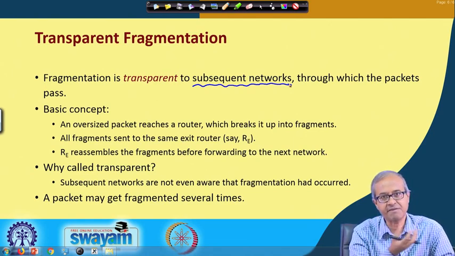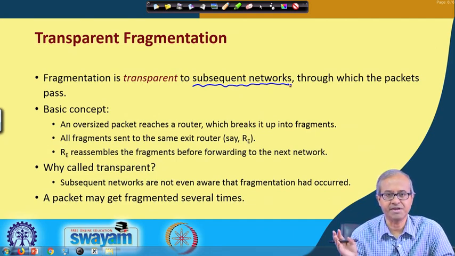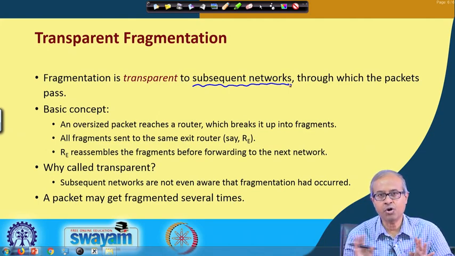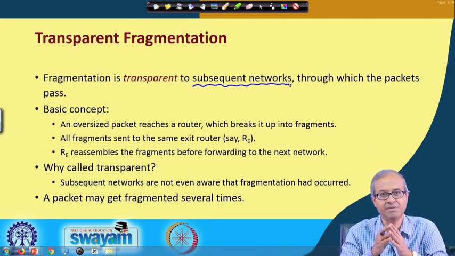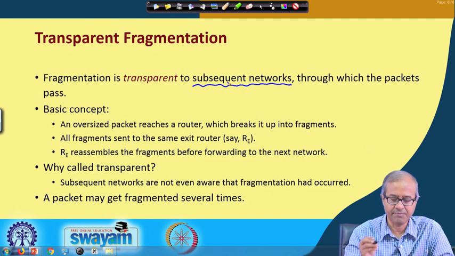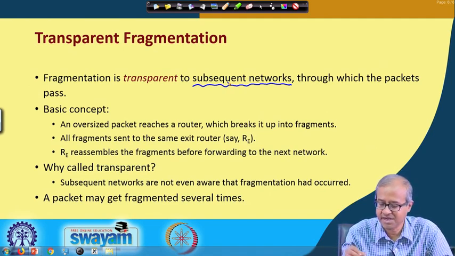Each of the fragments, when they come, are treated as independent IP packets and they are routed separately. So, these intermediate networks are not at all worried about the reassembly part, only the fragmentation. Okay.